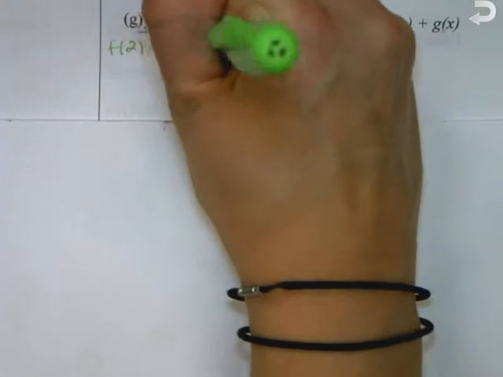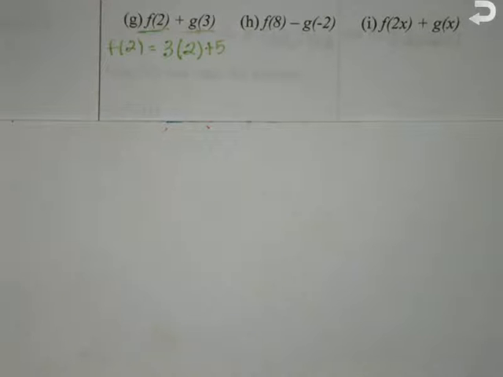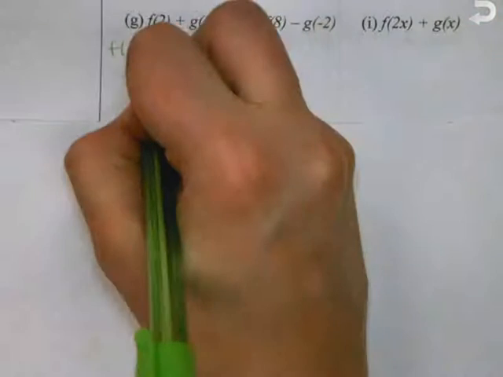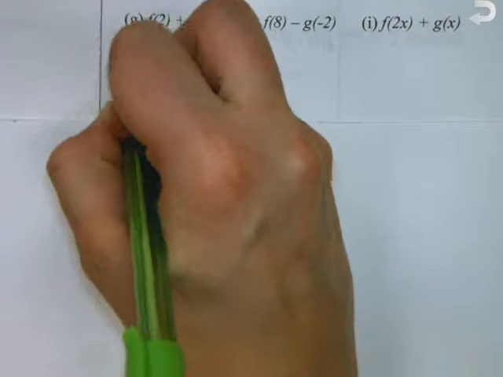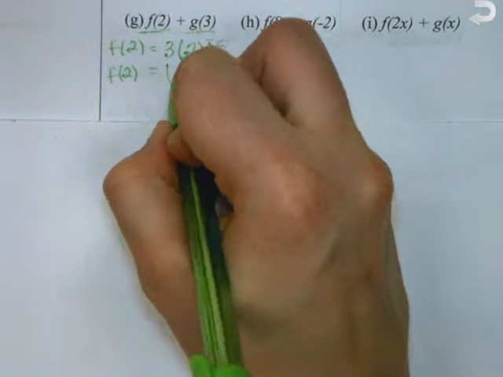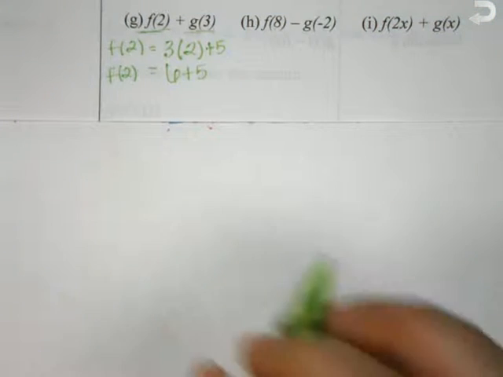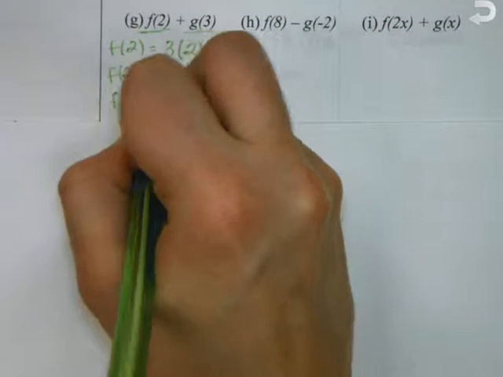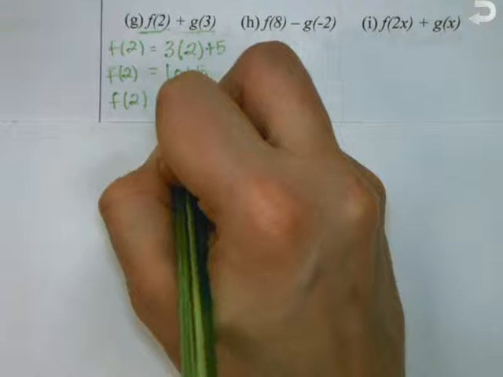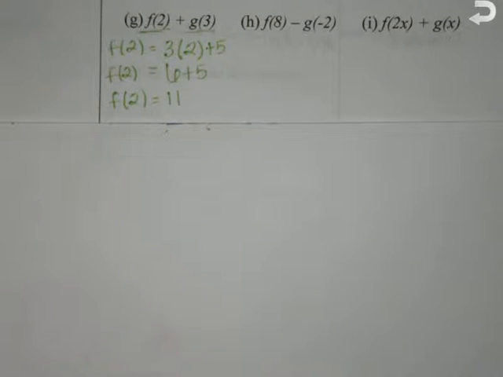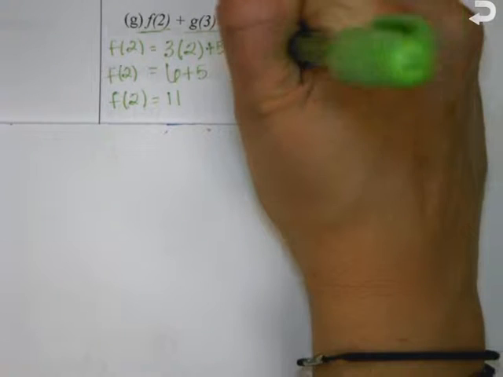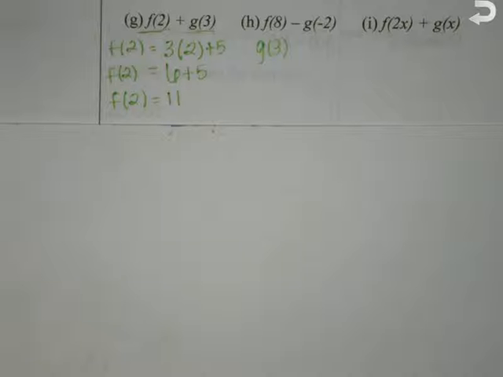We're using the same one that I gave you at the beginning of the example. So f of 2 is equal to 3 times 2, which is 6, plus 5. So f of 2 is equal to 11. How would I find g of 3? Plug it in. So that is 2 times 3 squared minus 7.